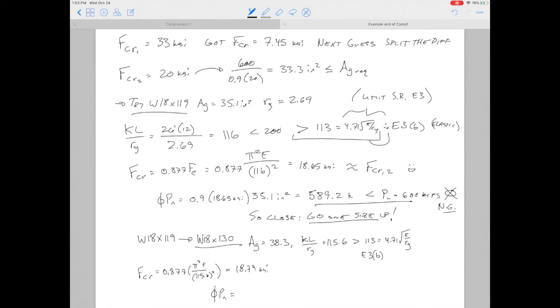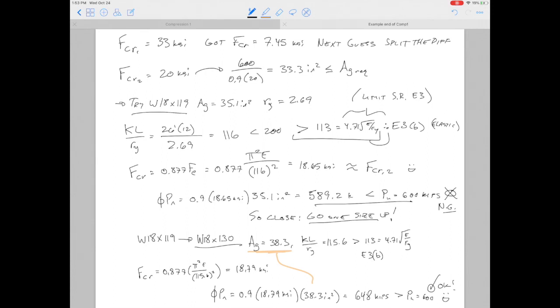Arriving finally at 0.9 times 18.79 KSI times 38.3 inches squared, I get 648 kips, which is greater than PU. I'm happy. Okay.